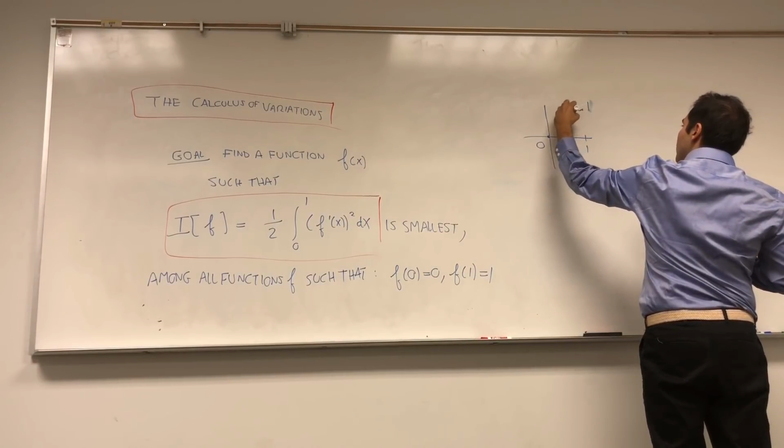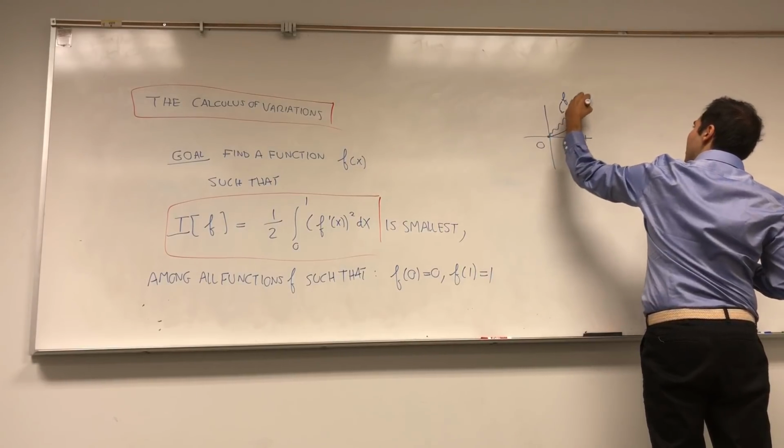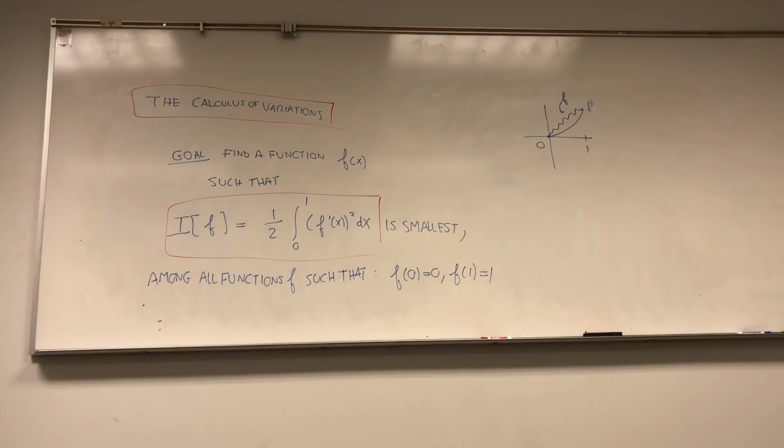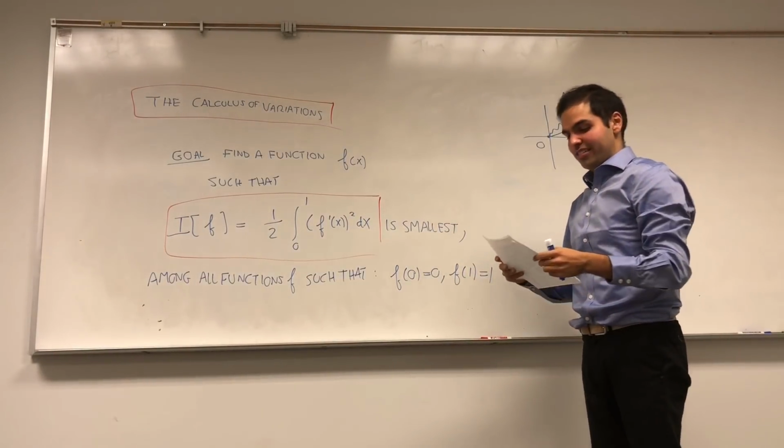So think of a squiggly thing here, or maybe a parabola, or even a straight line, etc. Among all those functions, you want to find the one or the ones for which this energy is the smallest.